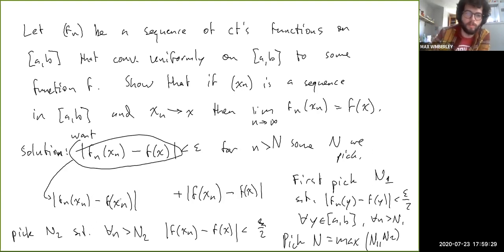Yeah. So the reason we had to do it this specific way, and not have fn of x here and fn of x there, is because we want to be effectively picking only one delta. There's an implicit delta that we're picking, right?